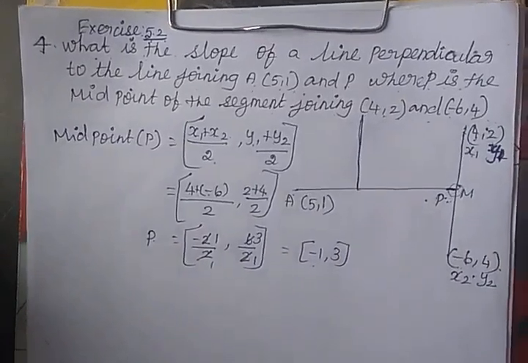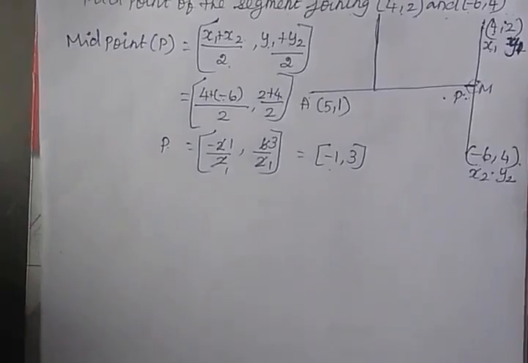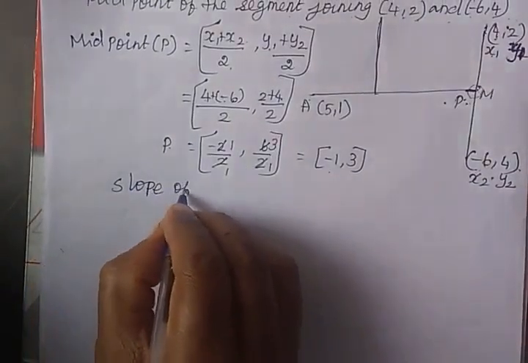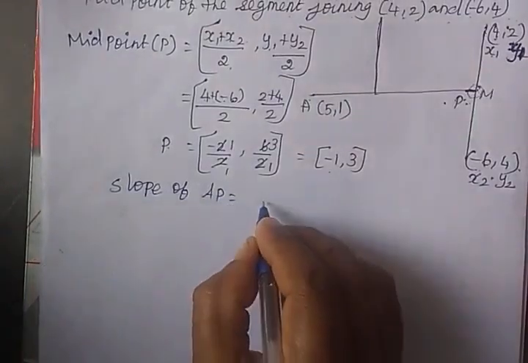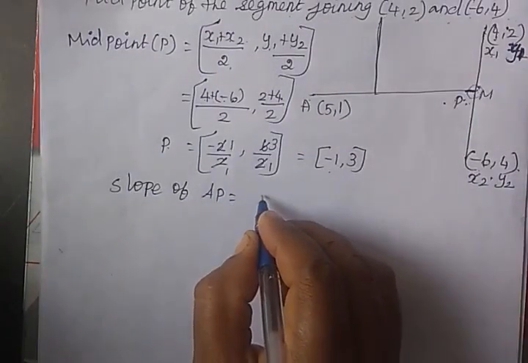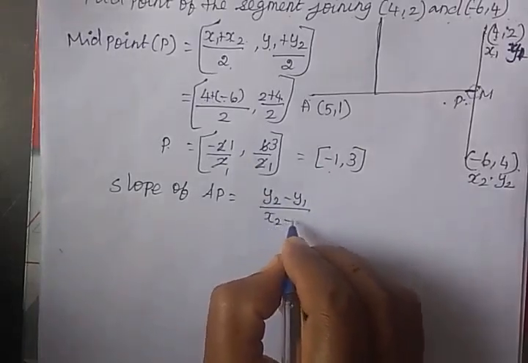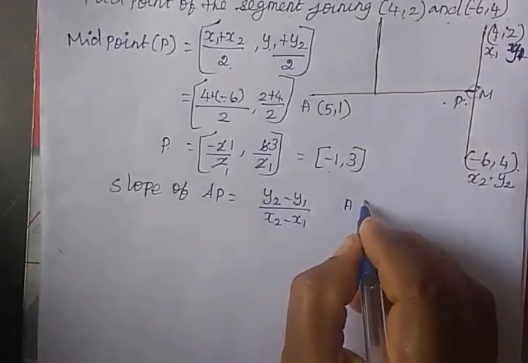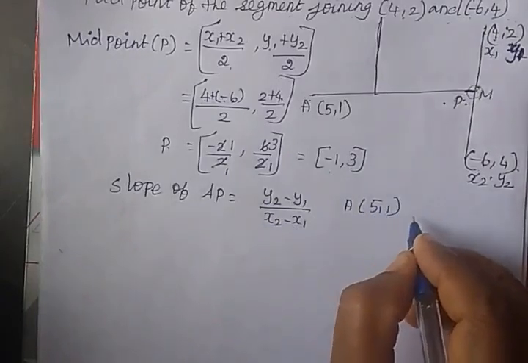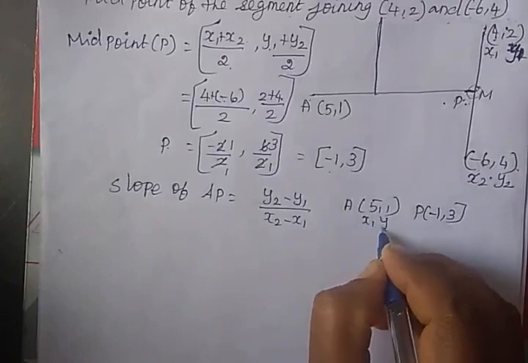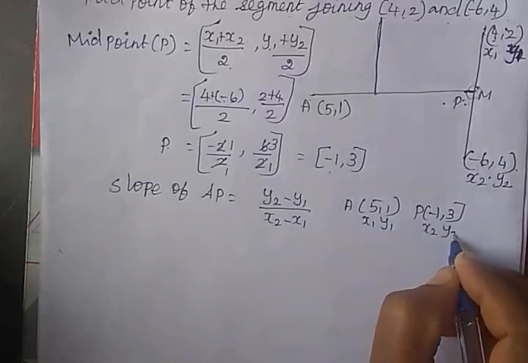So the point P is (-1, 3). Then we find the slope of AP. You know the formula: slope of AP is equal to (y2 minus y1) by (x2 minus x1). Here A is (5,1), P is (-1,3).